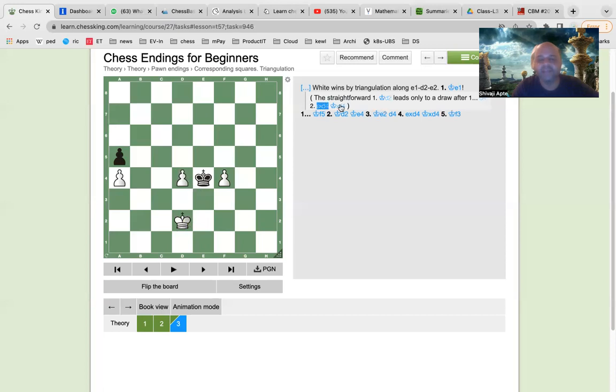And if e takes d4, king takes d4, this is a draw compared to the previous position. Why? Because there, the white king was on f3 already. He could go to the key squares, but here white cannot go to the key squares of the pawn. So this is a draw.